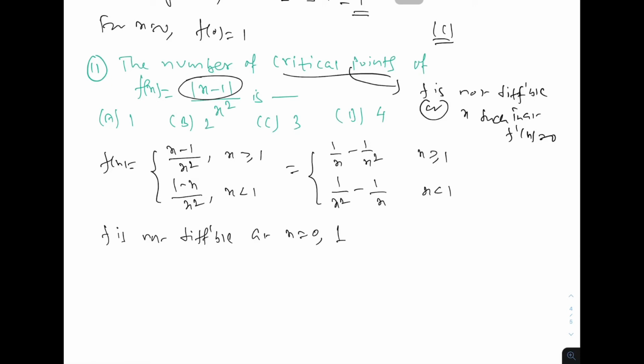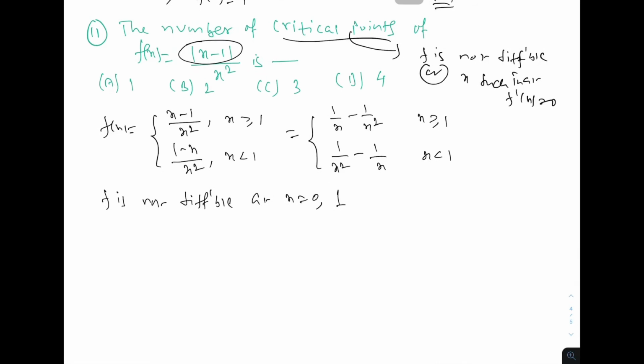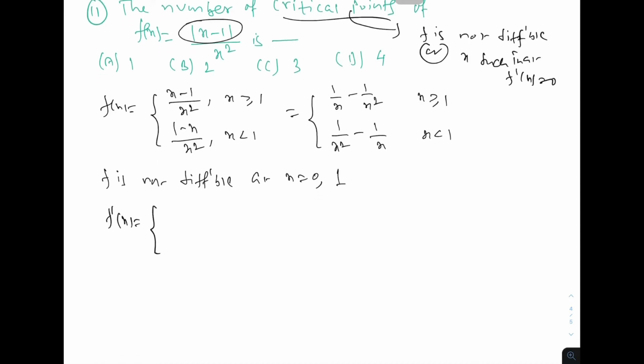Now let us see where the first derivative becomes 0. So f dash x is minus 1 over x square plus 2 by x cube when x is greater than or equal to 1, and minus 2 by x cube plus 1 over x square when x is less than 1.